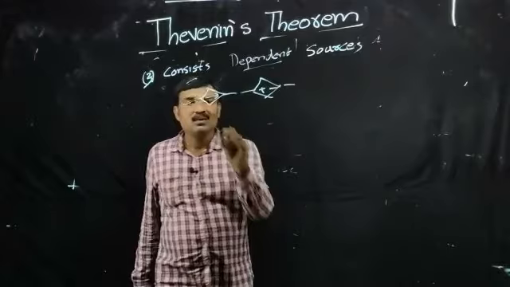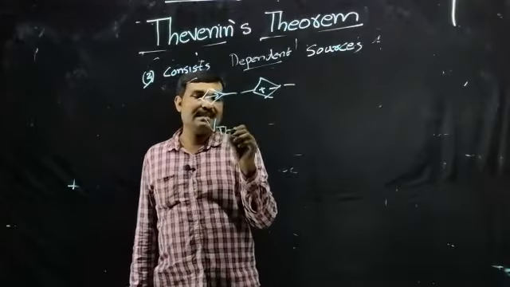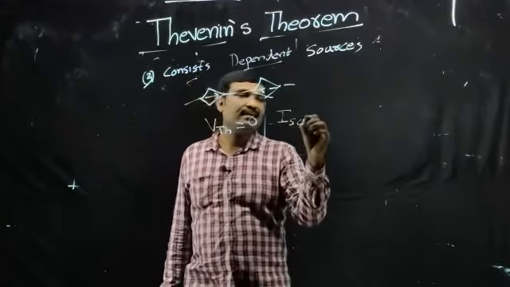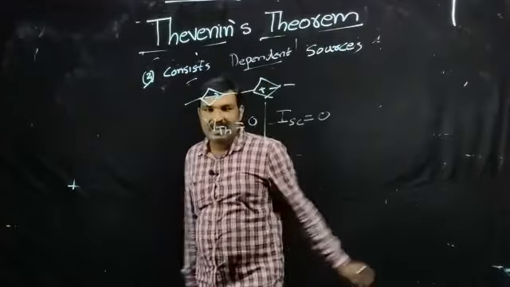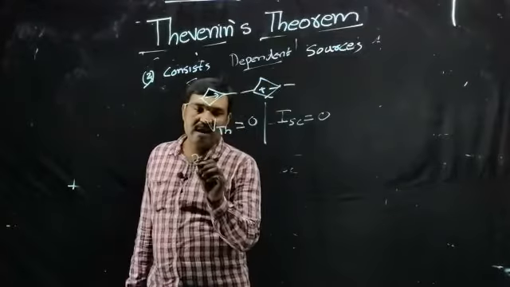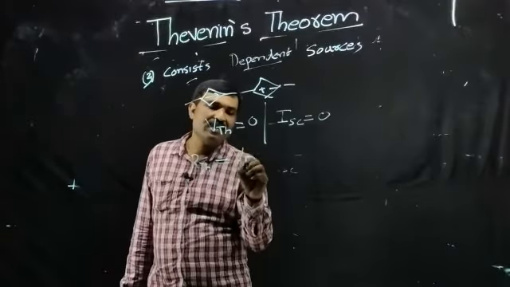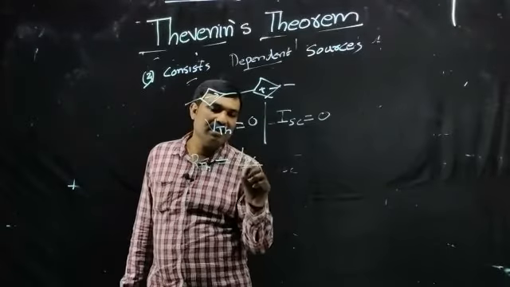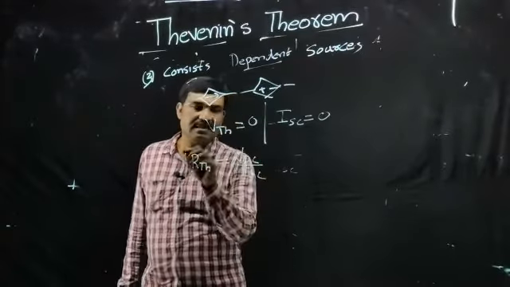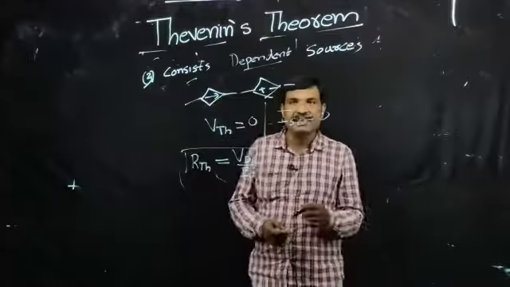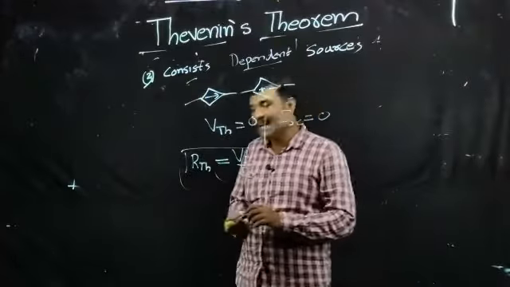So in this network, VTH is equal to 0. Similarly, short circuit current is also equal to 0. And we can evaluate RTH or ZTH as VDC divided by IDC. So this is the method for determining Thevenin's equivalent resistance when the network consists of only dependent sources.